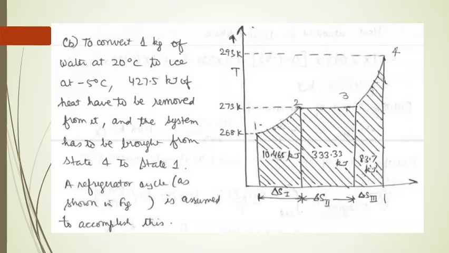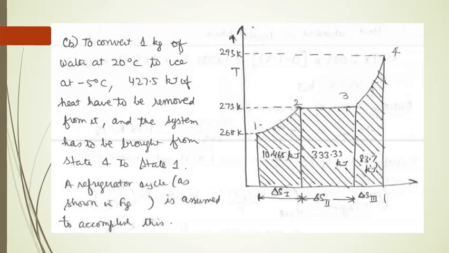Now to convert 1 kilogram of water at 0 degrees Celsius to ice at minus 5 degrees Celsius, as part B of this question, let me tell you that 427.5 kilojoule of heat has to be removed from the ice, and the system has to be brought from state 4 to state 1. Now a refrigerator cycle as shown in the figure is assumed to accomplish this. The figure is shown on the next slide.